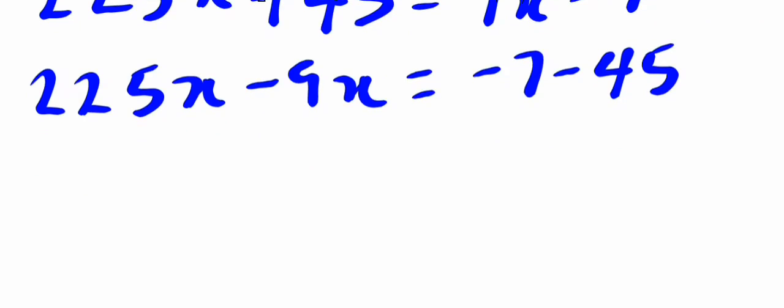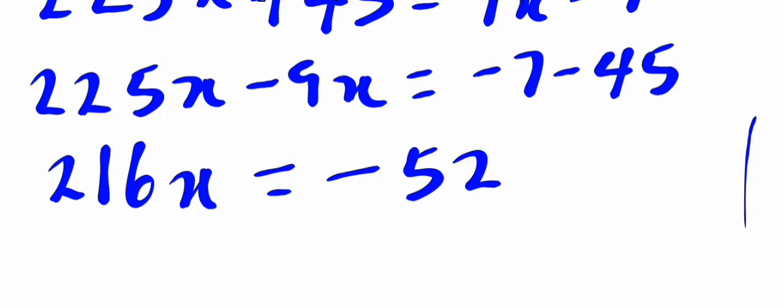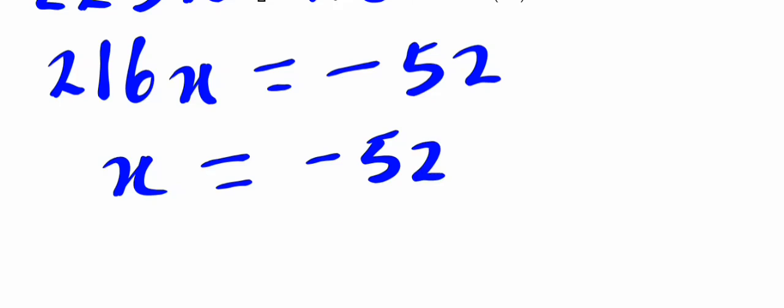And by the time we subtract 9x from here, that will give us 216x equals to, then minus 7 minus 45, that will give us minus 52. Then by the time you divide both sides by the coefficient of x, that will be x equals to minus 52 divided by 216.